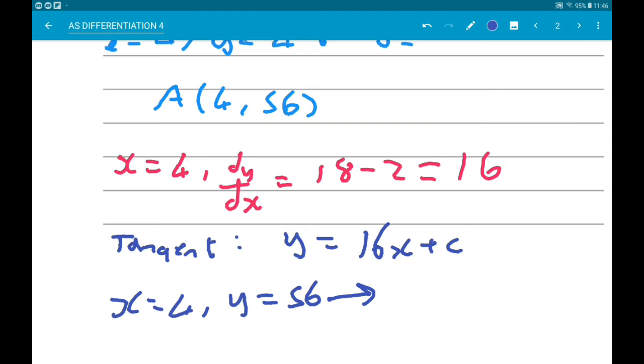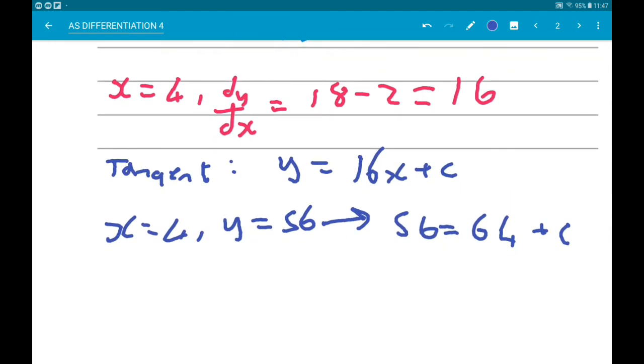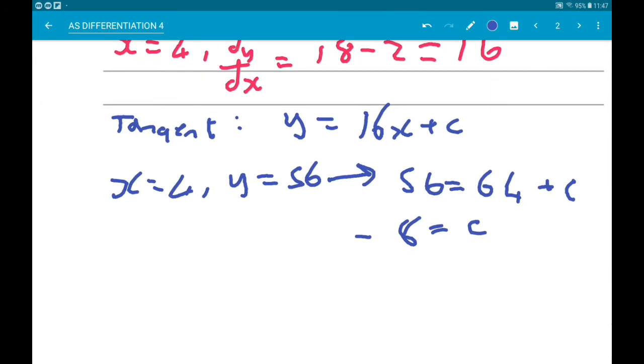That gives us 56 is equal to 16 times 4, which is 64, plus c. So take away 64, we get minus 8 equals c. So the tangent is y equals 16x minus 8. So we are nearly there.